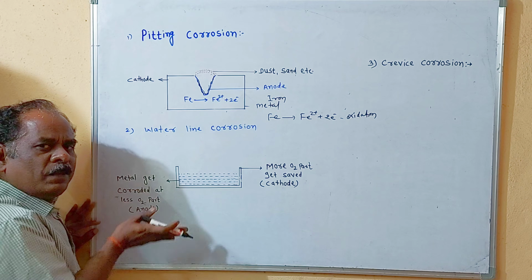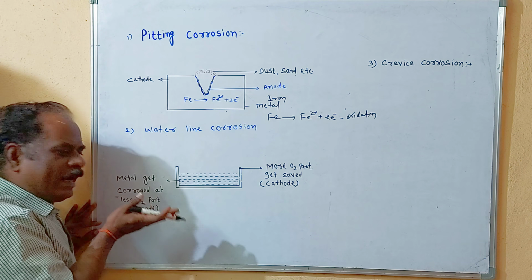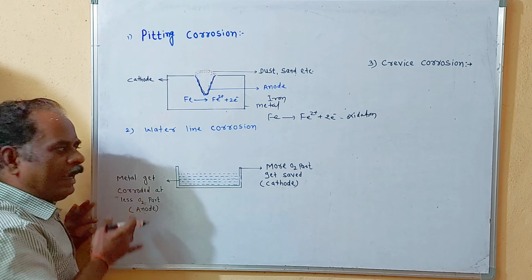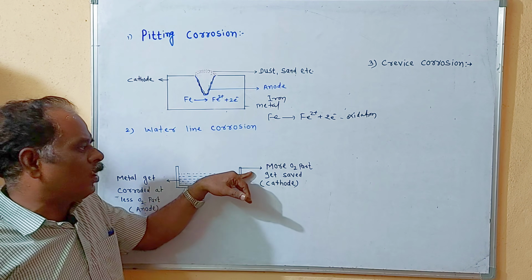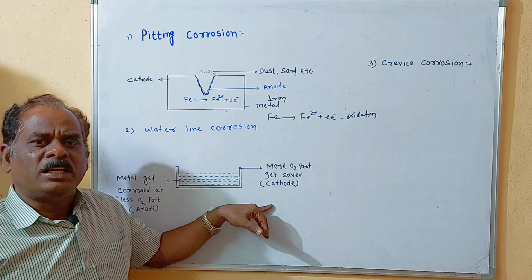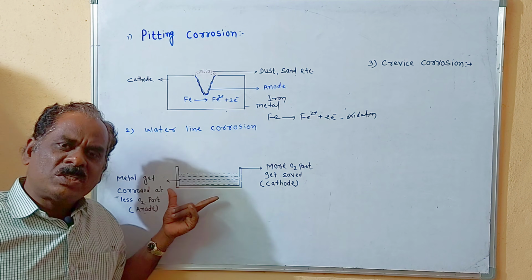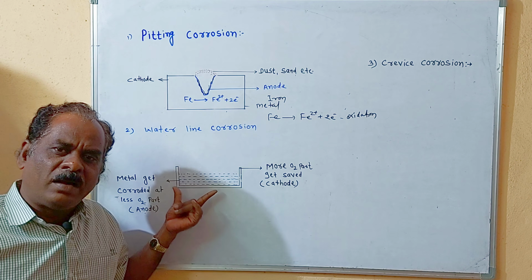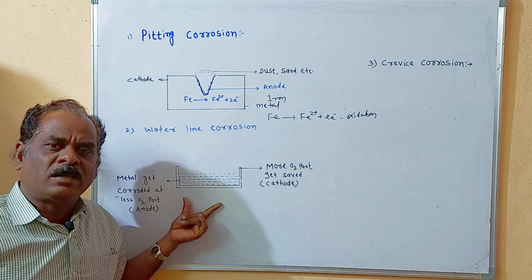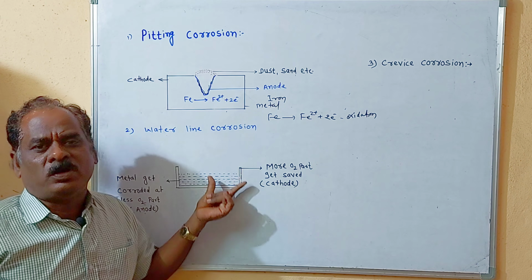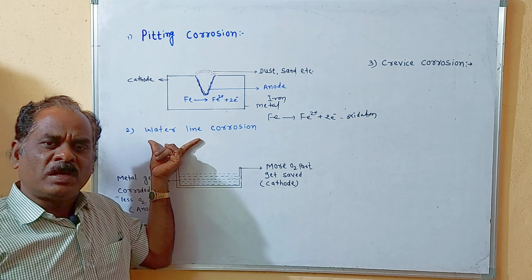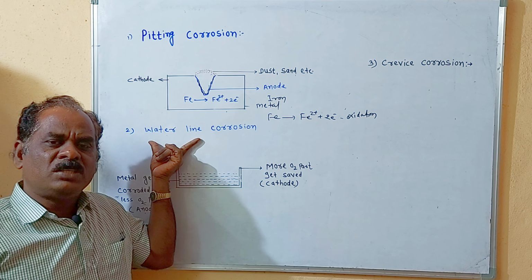In other words, the part below the water acts as an anode due to the less concentration of oxygen, and the part not under the water, in contact with excess oxygen, acts as the cathode. Due to the less concentration of oxygen under the water, the pipeline's corrosion takes place faster as compared to the part which is not in contact with the water. Such corrosion is called waterline corrosion. It is also an example of concentration shell corrosion.